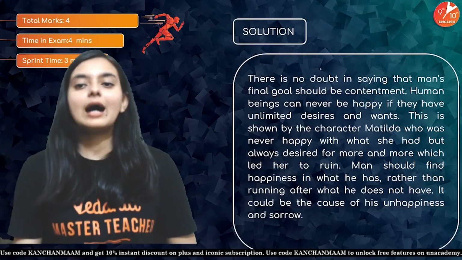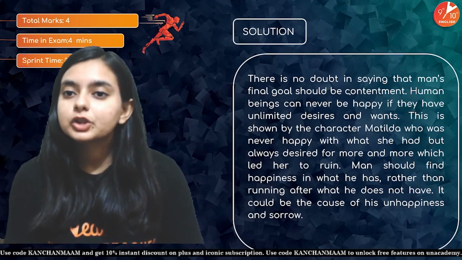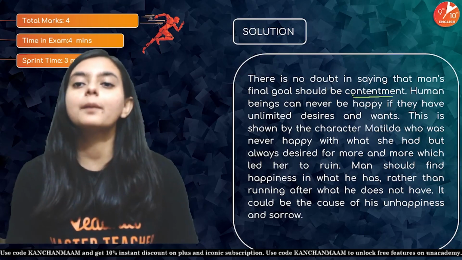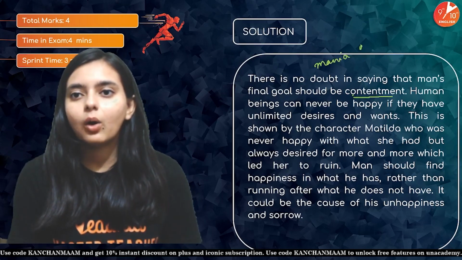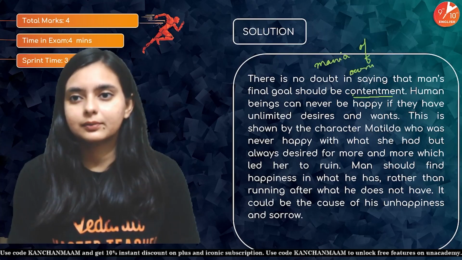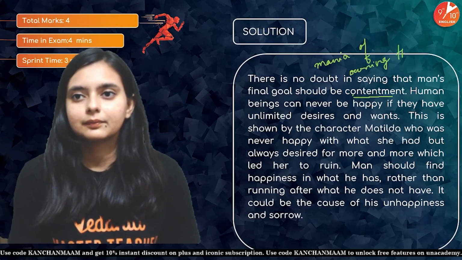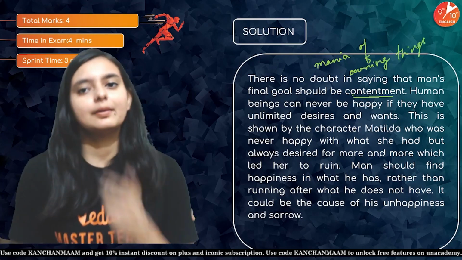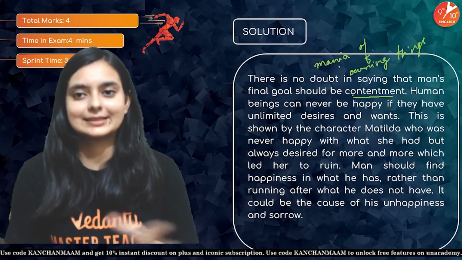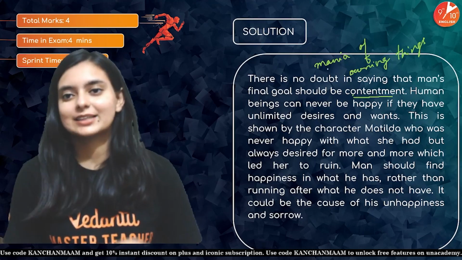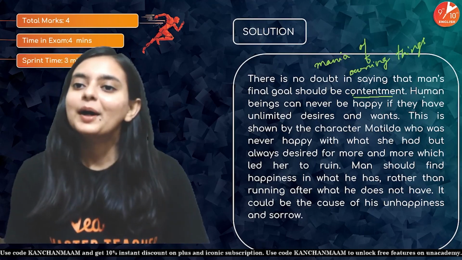There is no doubt in saying that man's final goal should be contentment. It should not be the mania of owning things. You can quote from Animals: we are having this disease of owning things. That's what the poet calls mania.